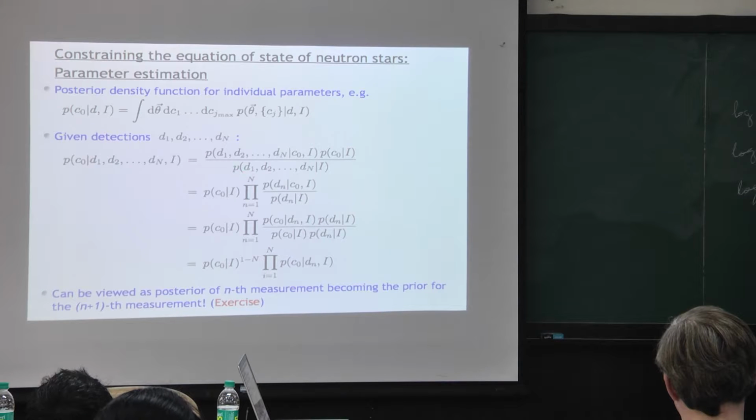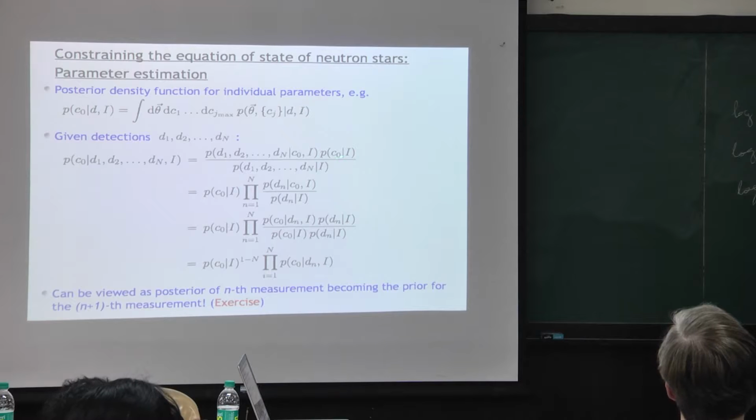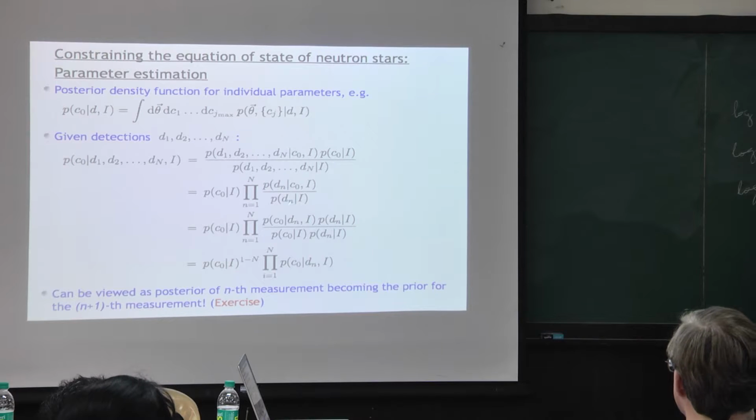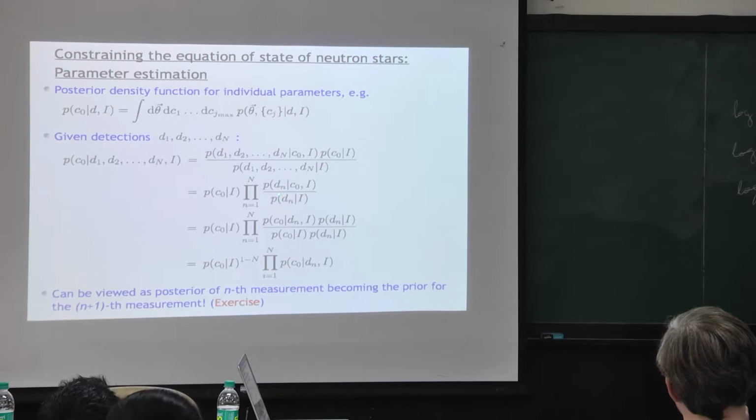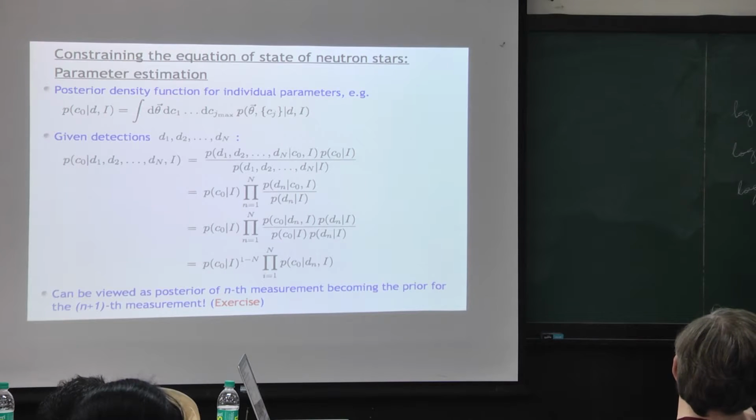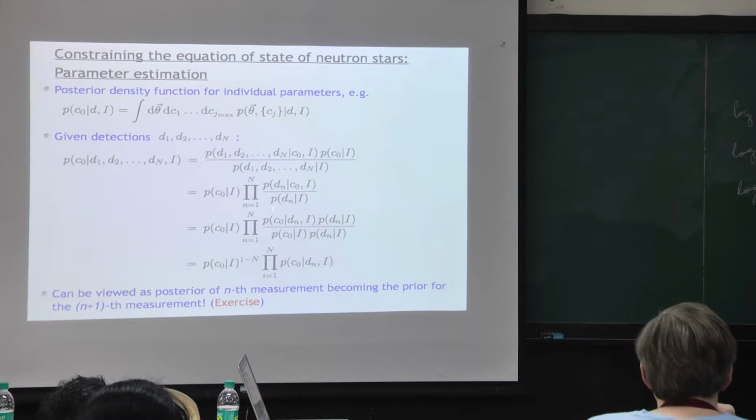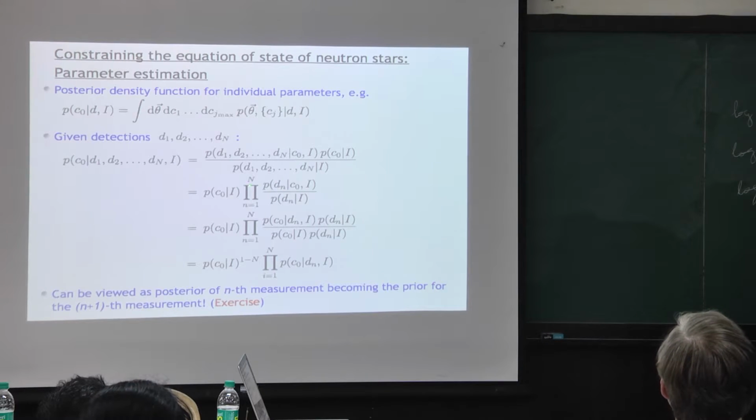Now, the prior on C0 I'm going to throw in front here, but again assuming independent detections, we can write these probabilities here just as a product of probabilities. So nothing special going on here, that is the same as before. Then on these individual likelihoods, I can again apply Bayes' theorem and write these in terms of individual posterior density functions given individual detections.